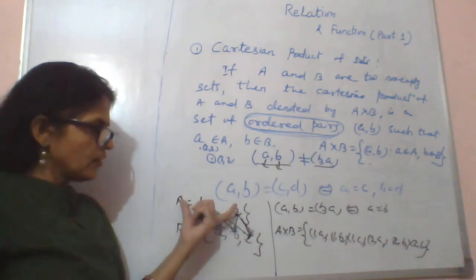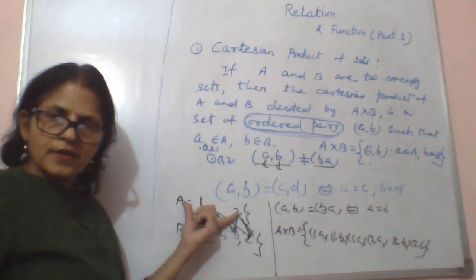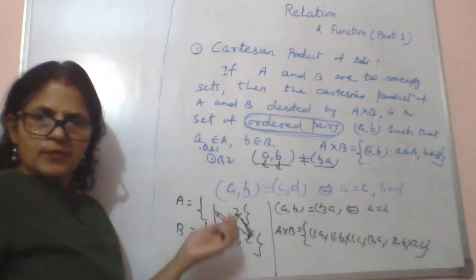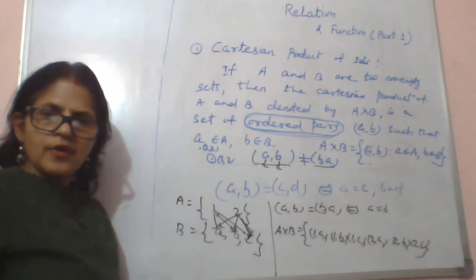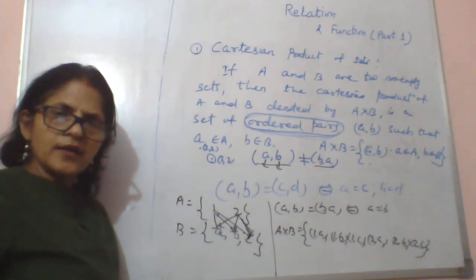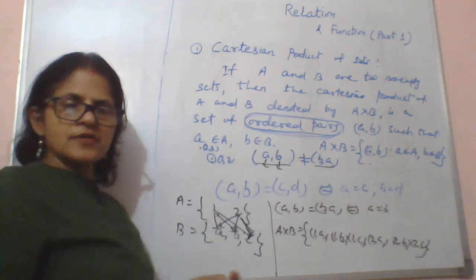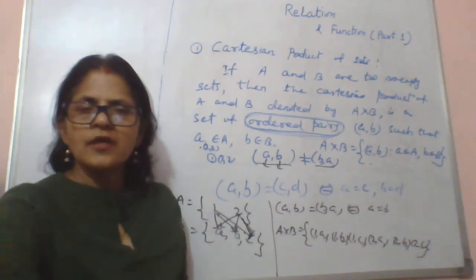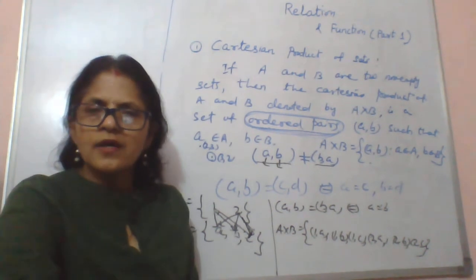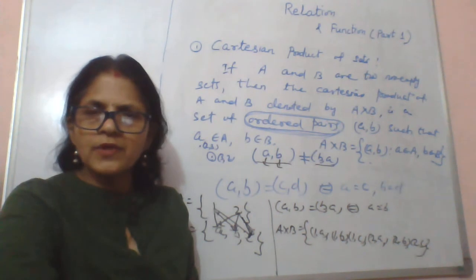So here if A contains m number of elements, B contains n number of elements, then the number of elements in A Cartesian product B will be m into n. So A having 3 elements, B having 5 elements, A Cartesian product B will have 3 into 5, 15 ordered pairs.